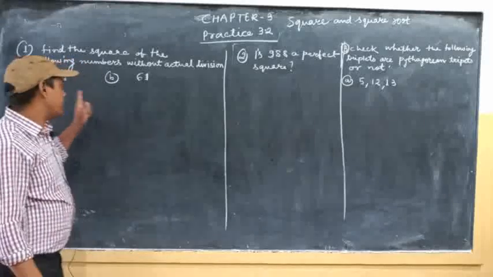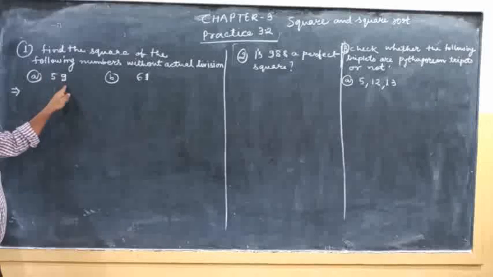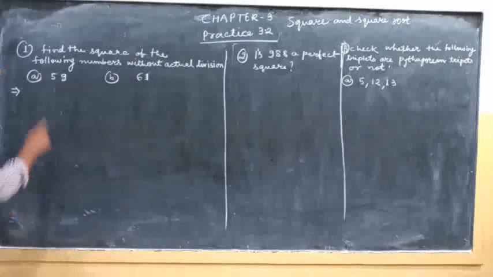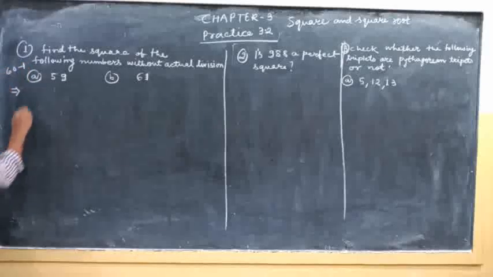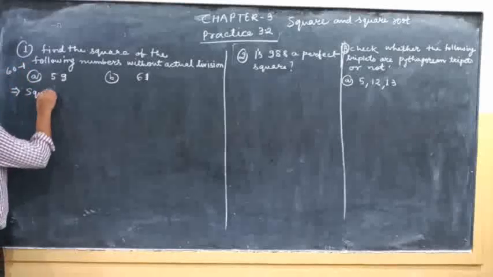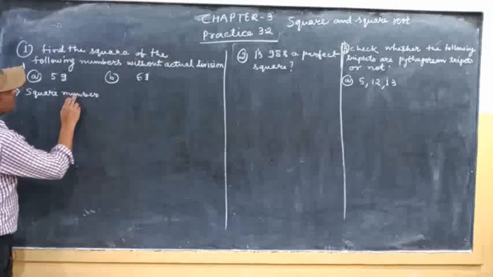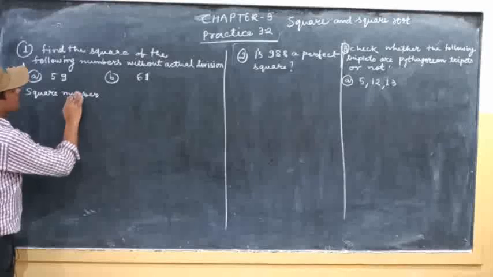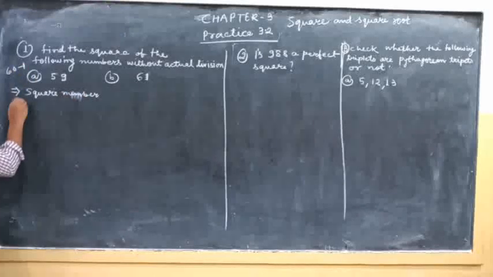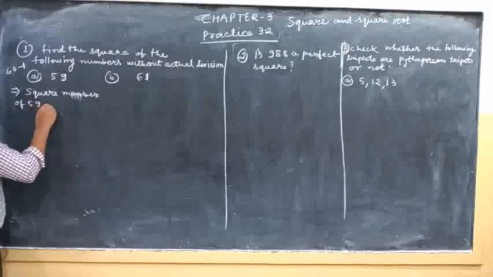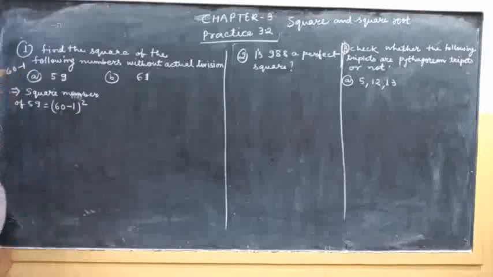In order to find the square of 59 without actual division, we write this number as 60 minus 1. So the square of 59 is equal to (60 minus 1) square.